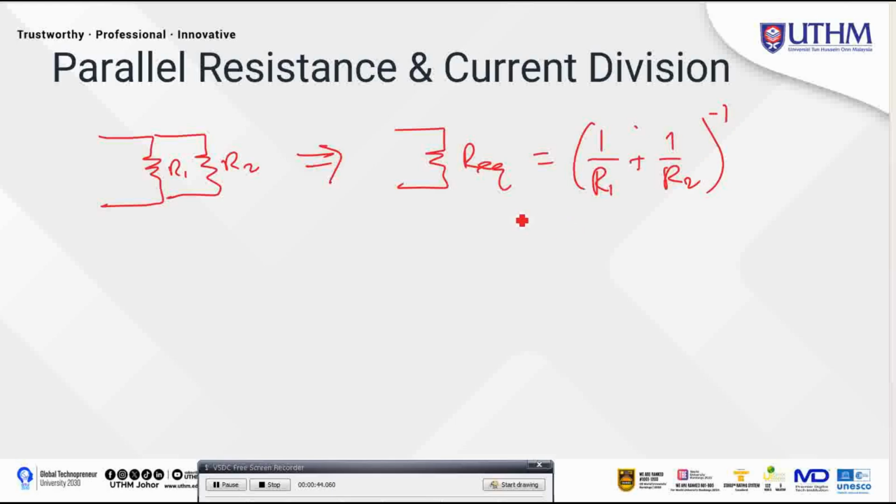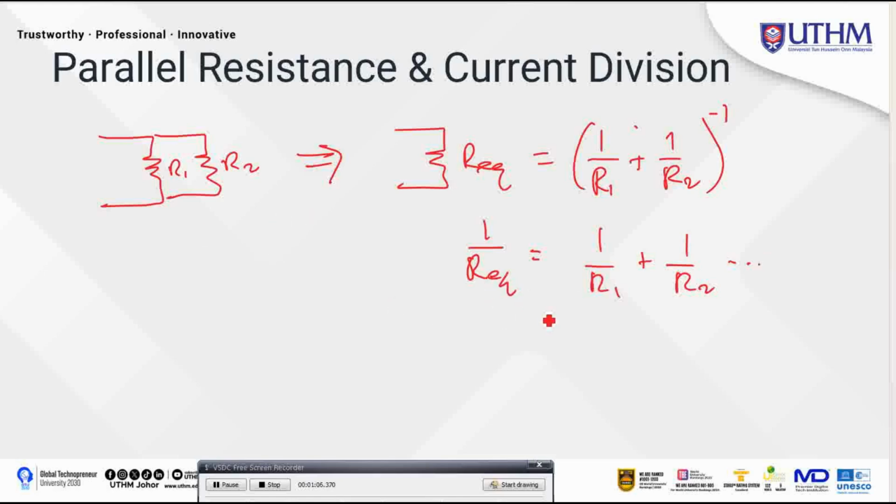So the actual equation is: 1 over R equivalent is equal to 1 over R1 plus 1 over R2. If we have more resistors, we need to add more terms in the equation.